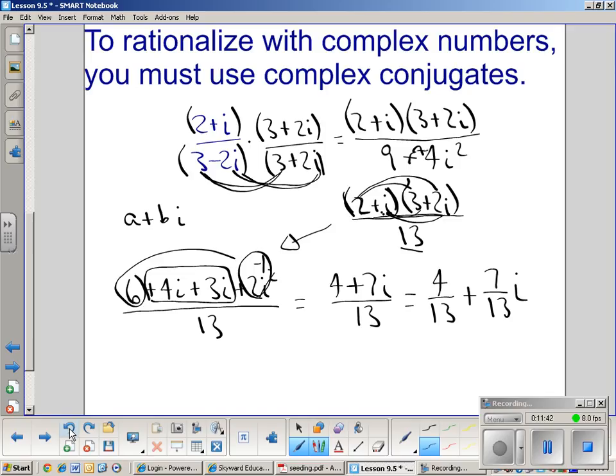In this case, it's not a minus. So we'll have to play it by ear depending on how the book wants the answer left. Any questions on how to rationalize that complex number?